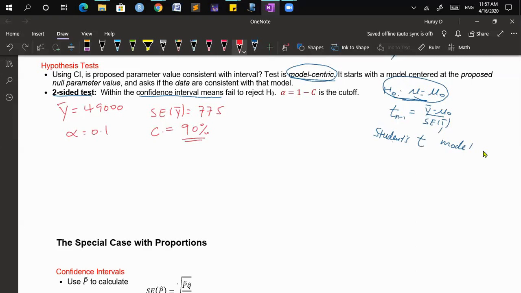Based on this confidence level, we need to find t with n minus 1, which is 63, for this 90%. So we use the table to find this value.